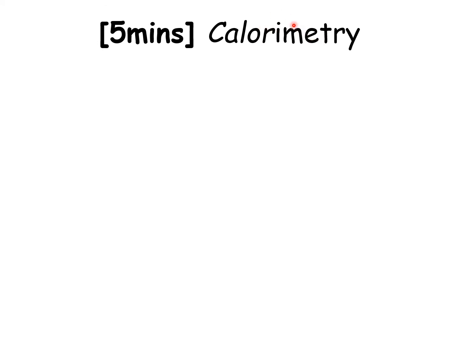So we're measuring heat here, and once we measure the heat energy that is released or absorbed from a reaction mixture, then we can work out whether it's exothermic or endothermic, and we can work out how many joules of heat energy is emitted or absorbed, and then from that we can work out the enthalpy change in kilojoules per mole. So we can work out how many moles and then the enthalpy change, which is in kilojoules per mole.